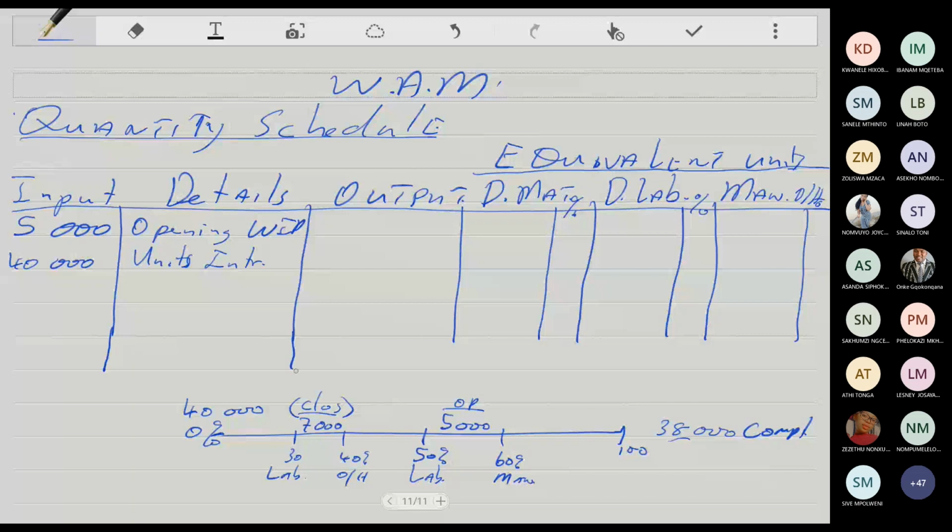Let me expand a bit here. I think I will need one more line. Then we look at the units completed and transferred, whether to the second process or to your finished goods. Units completed, then we start going into the output side.